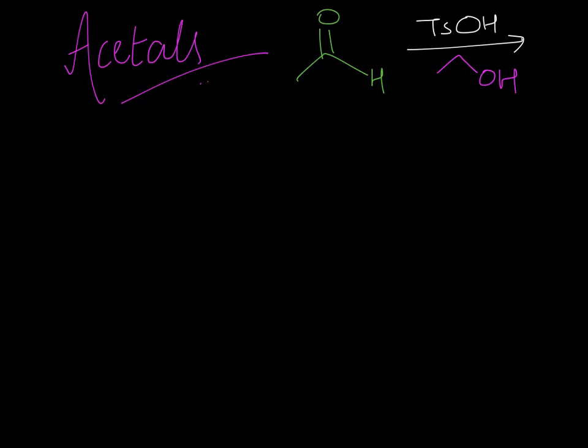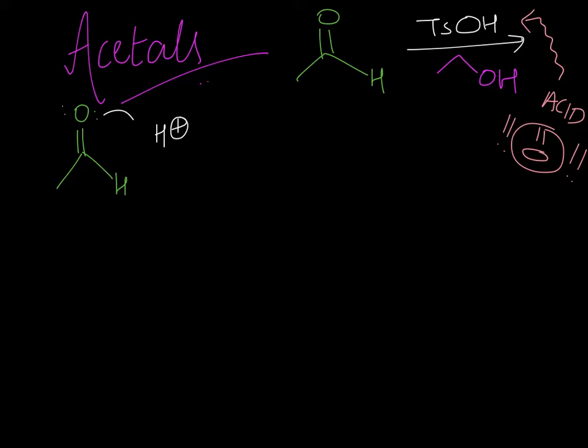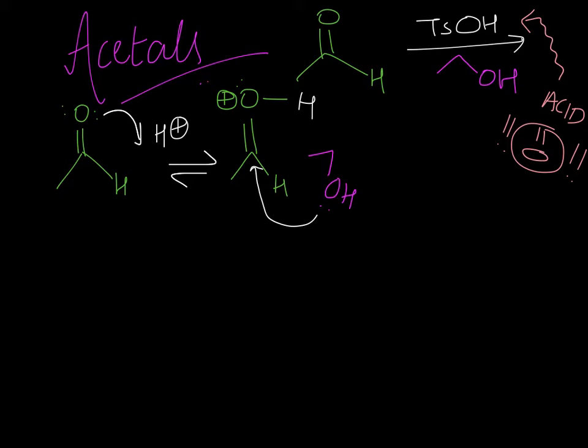So let's start with the reactions that form acetals. You've got your alcohol here, and you've got TsOH, which is actually just an acid. So it's important to note that these reactions happen in acidic conditions. And that means you can never ever form a negative charge. So the first step is always to protonate the oxygen, and that would give you this, which can now be attacked by the alcohol to give you your tetrahedral intermediate.